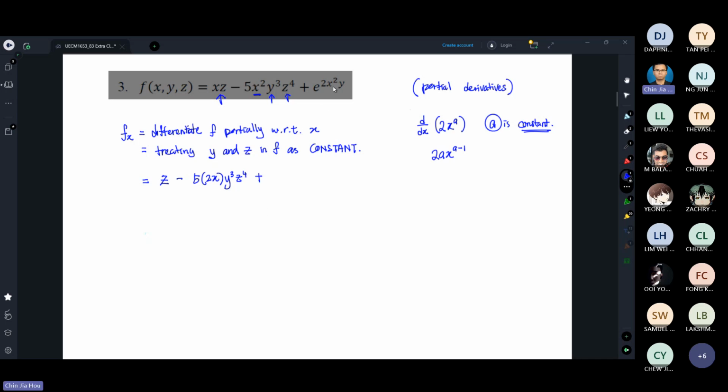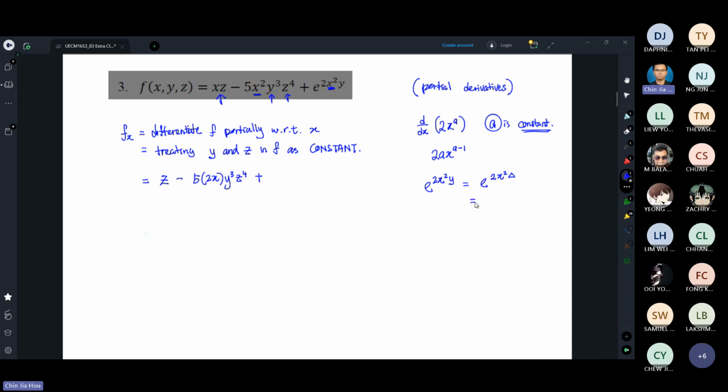Plus, again, here we have x. So in this case, if we differentiate this, think of this e to the 2x squared y as, say, e to the 2x squared triangle, where the triangle is something that cannot be differentiated.